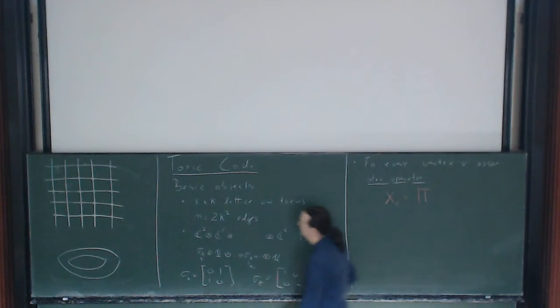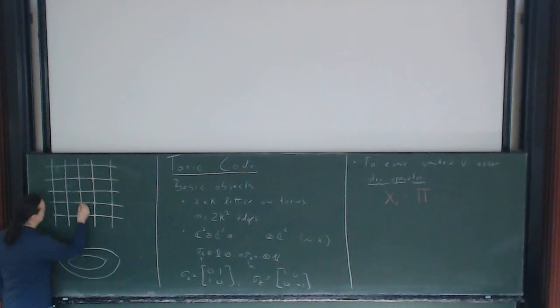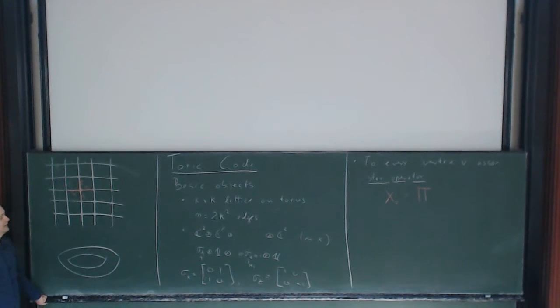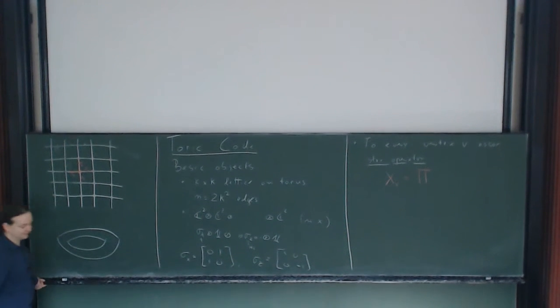Let me first draw it here. So here's a vertex, and now I look at all edges that are adjacent to that vertex, and I put a sigma x operator on all of these. Sigma x, sigma x, sigma x, sigma x. Right? And this defines, by this convention, a Weyl-Heisenberg operator, and that is the star operator associated to that vertex.